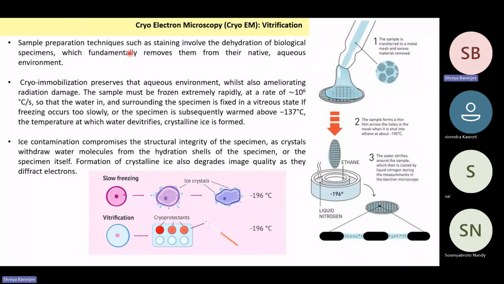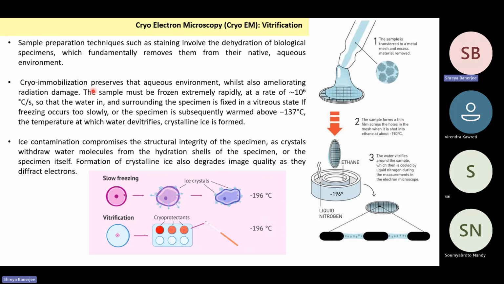Okay, now we will look at this sample preparation technique. The sample preparation technique involves the dehydration of the biological specimen, which will remove it from the native aqueous environment. Removing the water is a bad thing because we saw that when water is removed, the structure collapses.